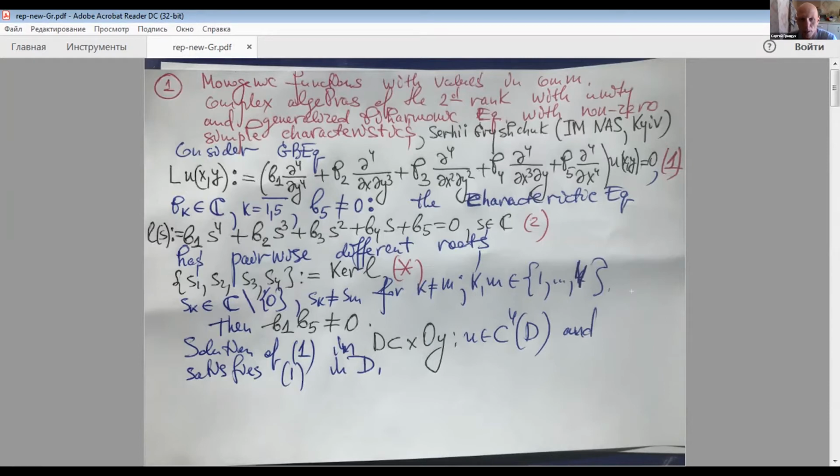By the solution of equation 1, we mean, as usual, some function defined on the domain D of the Cartesian plane x, y, having continuous derivatives up to the order 4.